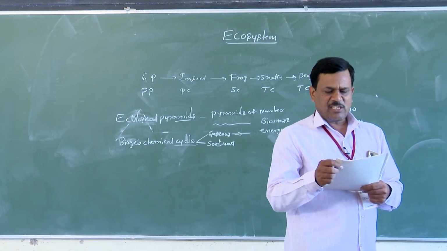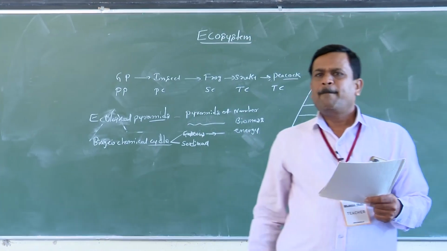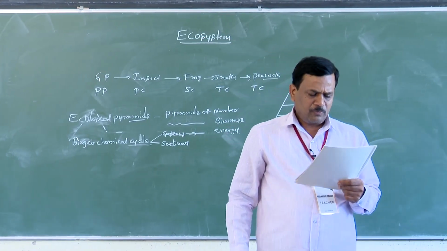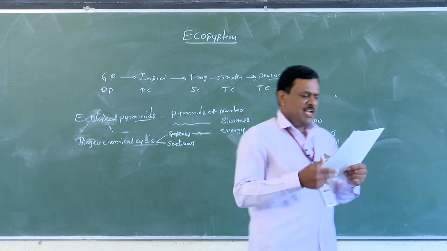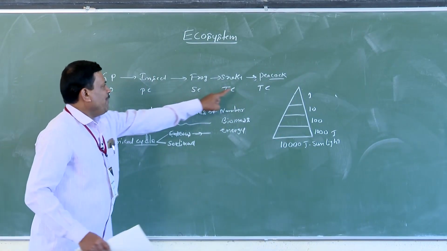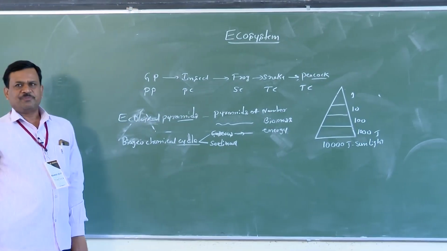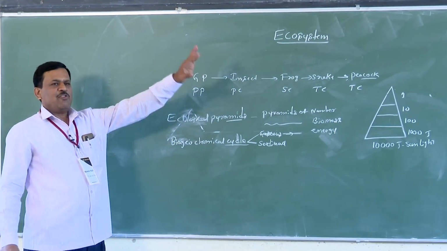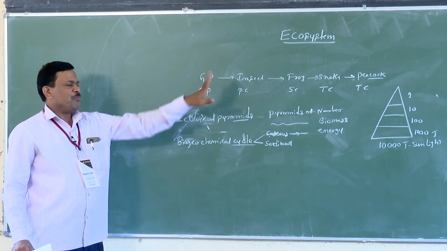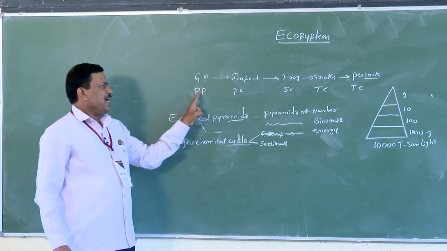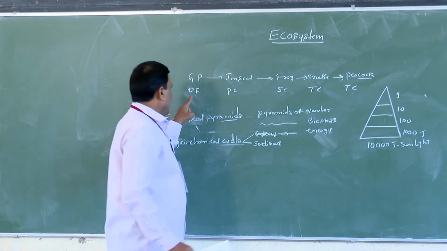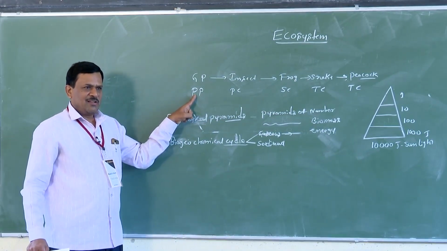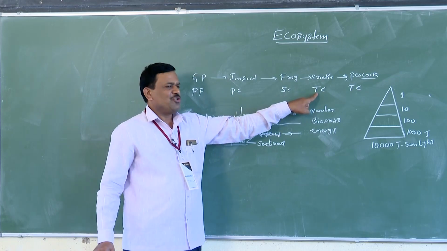Which one is the correct answer for the 12th question? D. Next one. In a polluted environment, where will the maximum pollutant occur? Taking human beings as an example, in a polluted environment the maximum pollutant will occur in tertiary consumers.